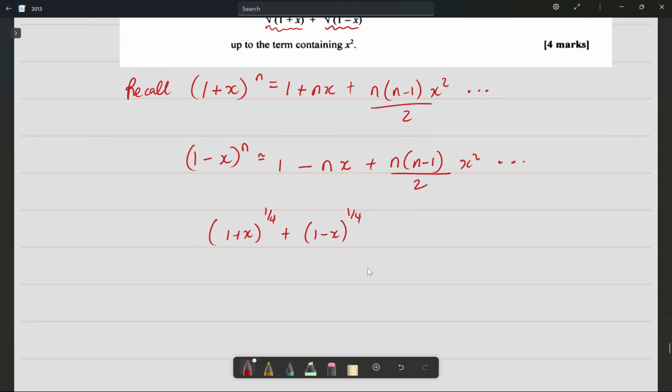Now we're going to put these back as they're written. (1 + x)^(1/4) is 1 + 1/4 x + 1/4 times negative 3/4 x squared over 2, plus 1 - 1/4 x + 1/4 times negative 3/4 x squared over 2.